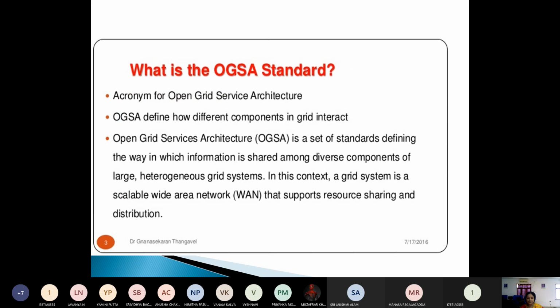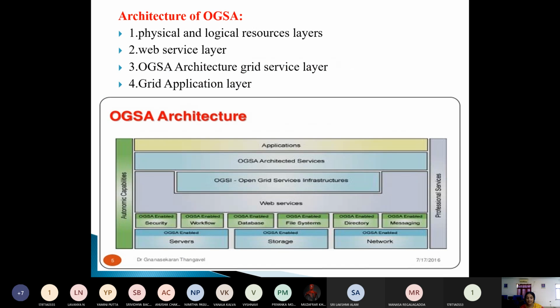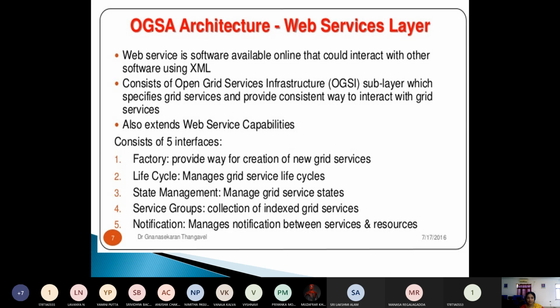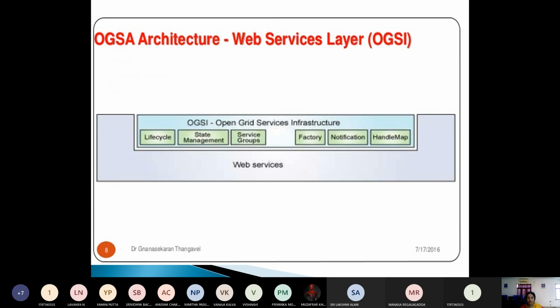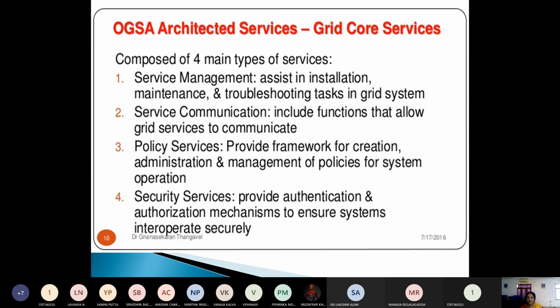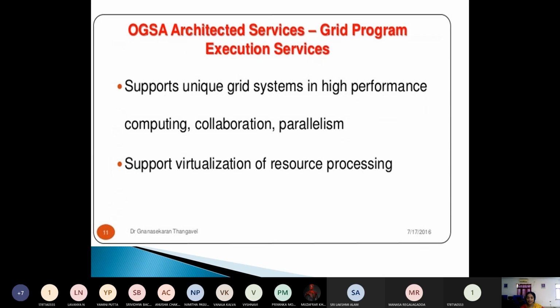Now coming to basic functions: discovery and brokering, virtual organization, data sharing, monitoring, and policy. The second is security functions. What is the use of security functions? It includes multiple security infrastructures, that is authentication, authorization, accounting, and initiating new services.